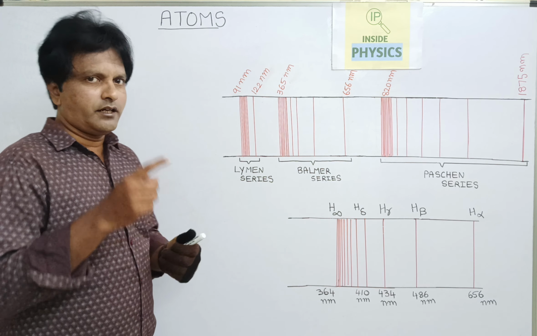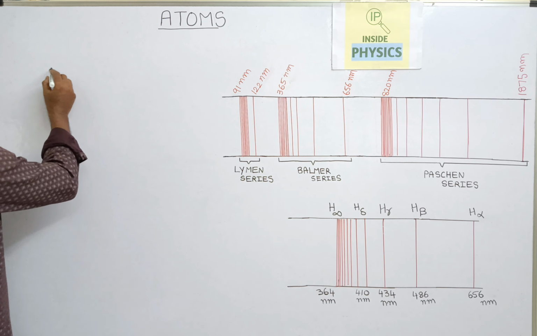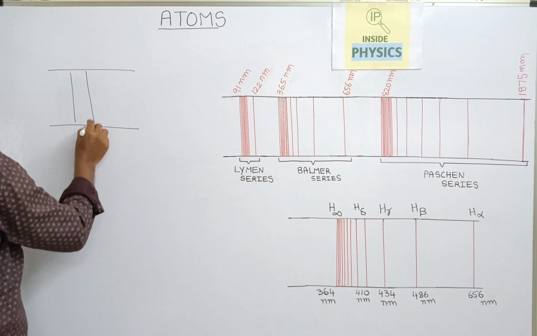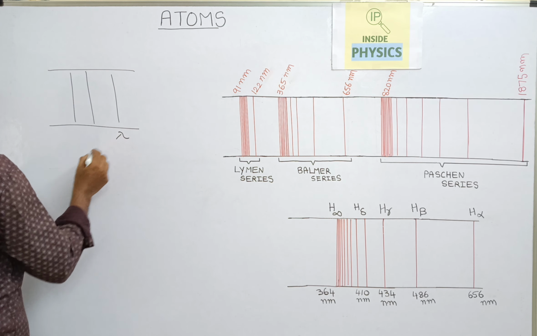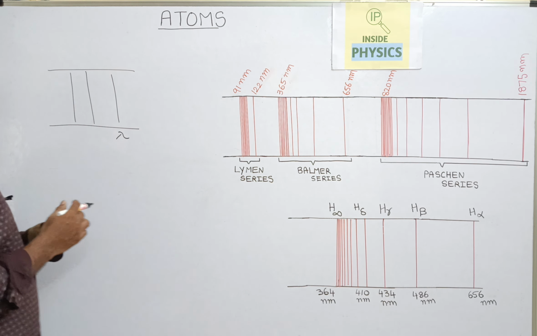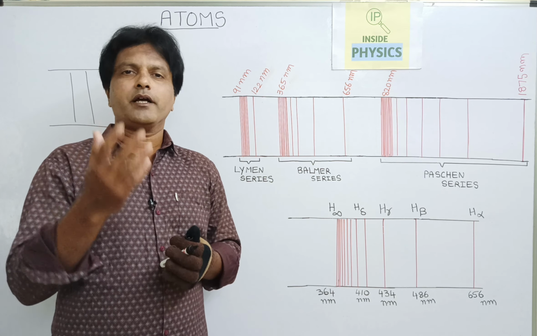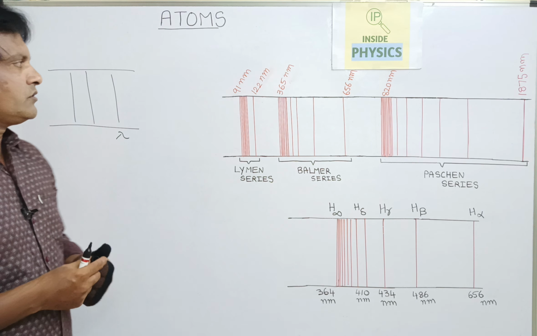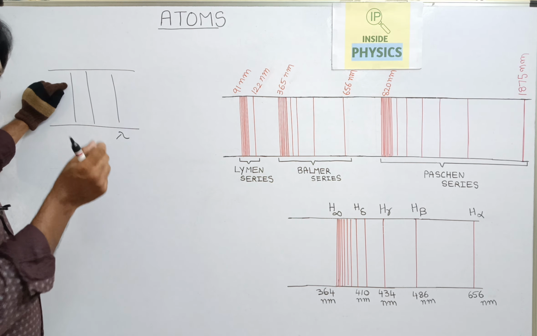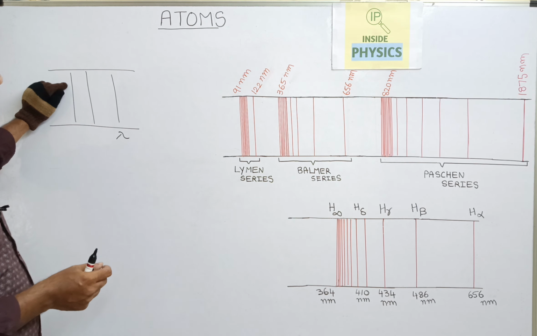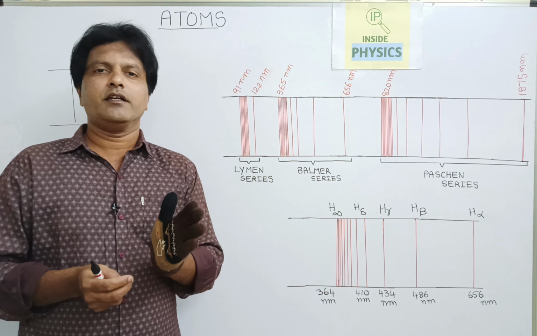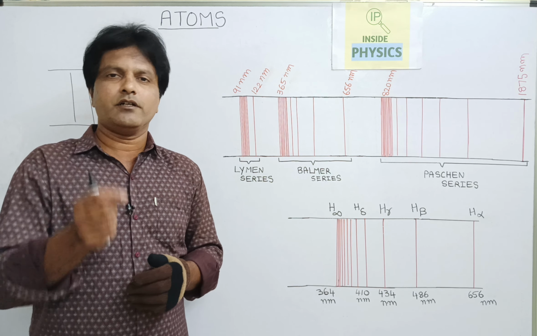The bright lines on the dark background exactly match the dark lines on the bright background in the absorption spectrum. So the wavelength is the same for a line in the line spectrum and for a dark line in the absorption spectrum.